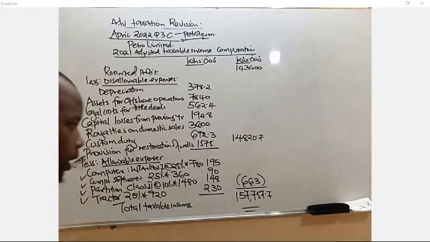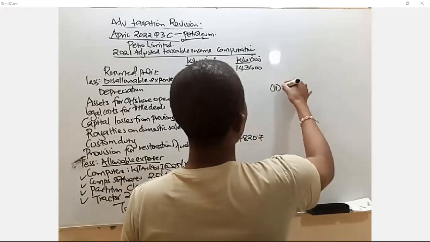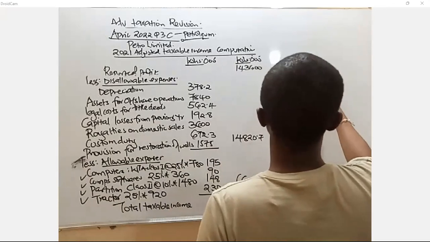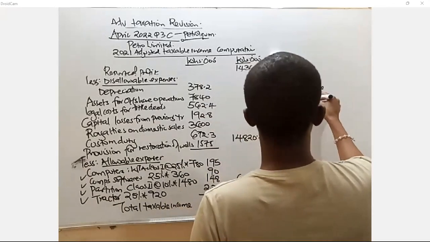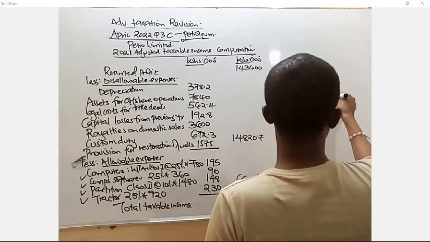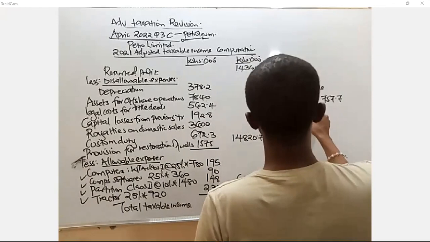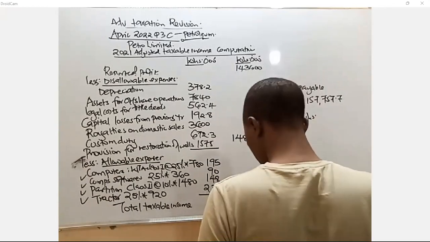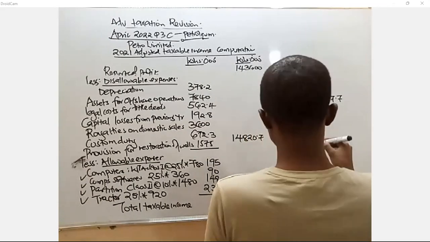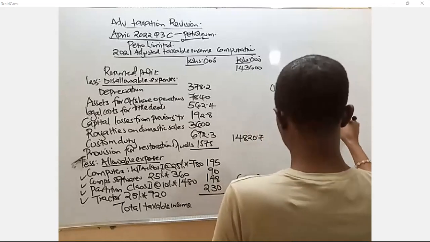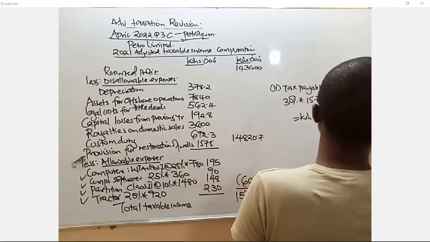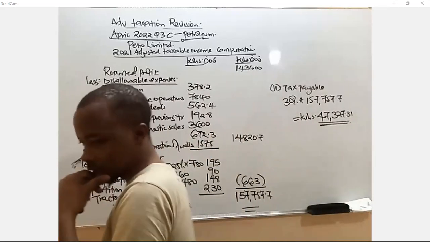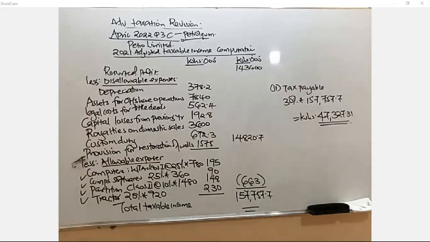Now, the tax liability here, the tax payable, will be 30% of 757.7. How much is this in Kenyan shillings? Just multiply by 0.3, getting around 47,327.31.